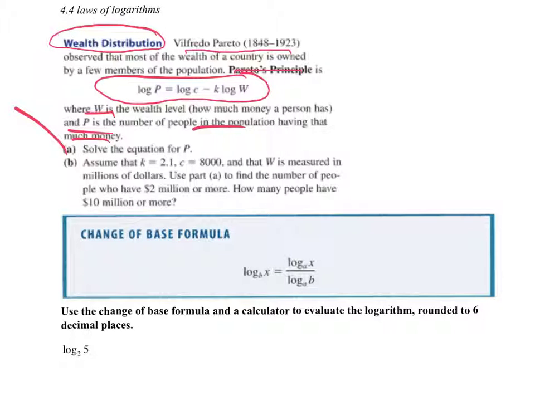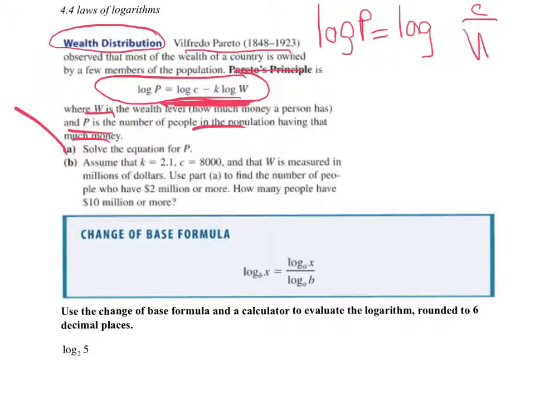And so the first thing we want to do is solve the equation for P. Well, we start with log P, that's the left-hand side, equals, now on the right-hand side we have the difference of two logs. We can rewrite that as the log of a quotient, so that can be rewritten as the log of C over W to the K power.